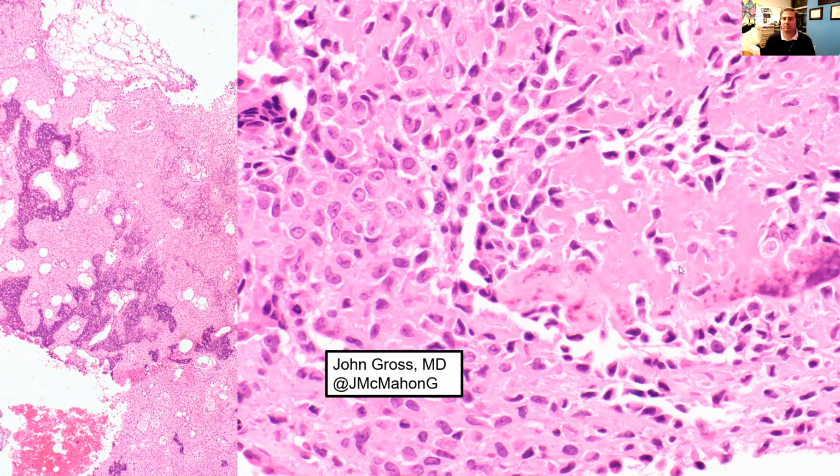However, there is matrix mineralization with this purple stuff to the pink matrix quality. And you can see here mitotic activity, which is variably identified. And of course, this is an osteosarcoma, which has a much worse prognosis than the benign chondroblastoma.